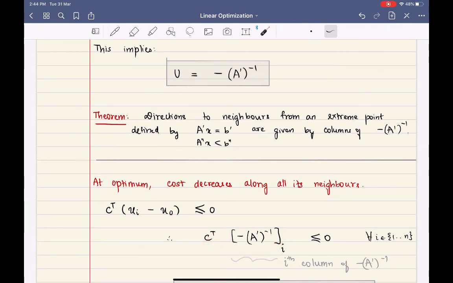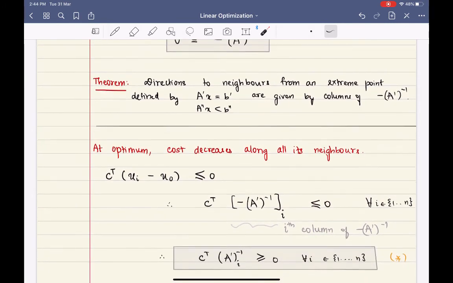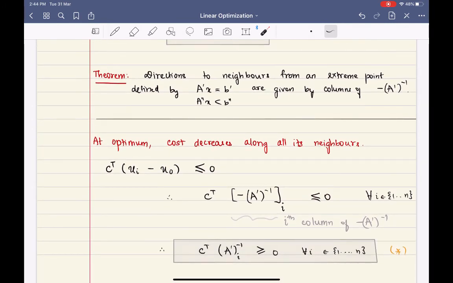So C transpose of minus A prime inverse, the ith column of that, is at most 0. Hence, we get this result: I take C and the ith column of A prime inverse, and the dot product of them will be non-negative. Okay, so we get this.